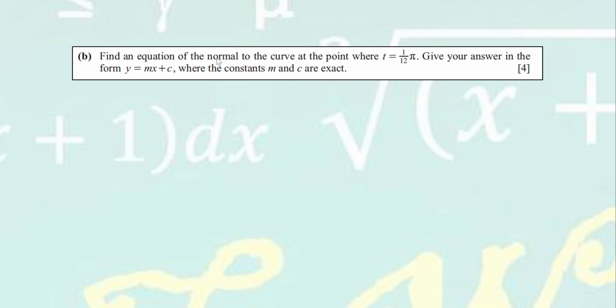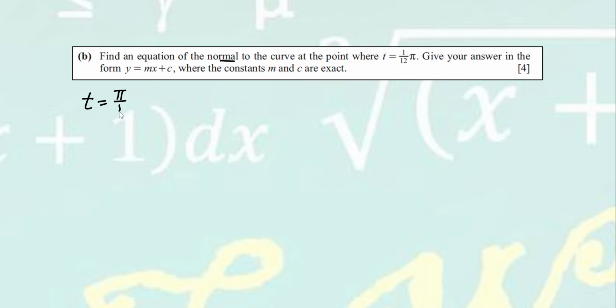Now find an equation of the normal to the curve where t is 1 over 12 pi. Give your answer in the form y equals mx plus c, where m and c are exact. So just now we have found dy/dx, right?